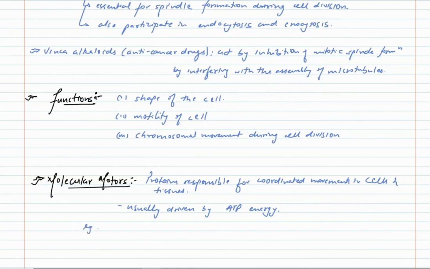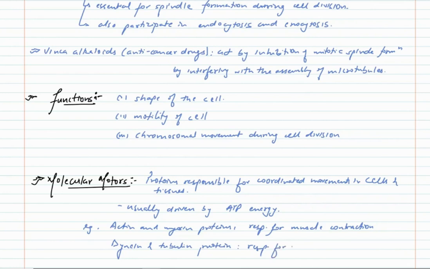Examples are actin and myosin proteins, which are responsible for muscle contraction. The second example is dynein and tubulin proteins. These are responsible for movement of cilia and flagella.